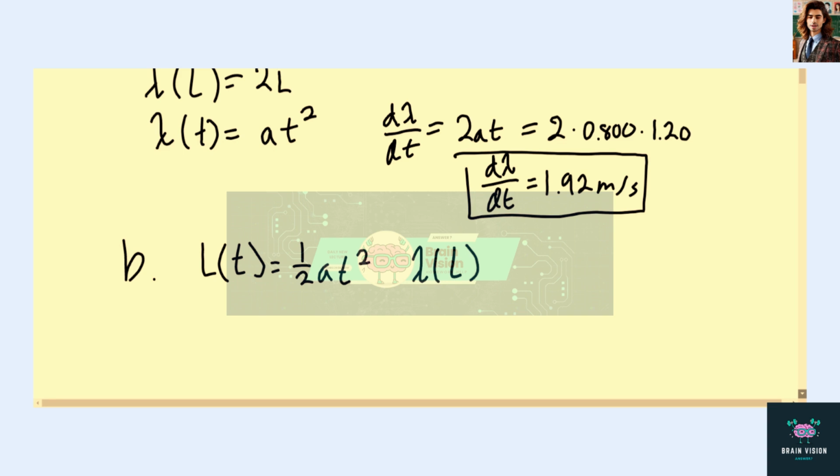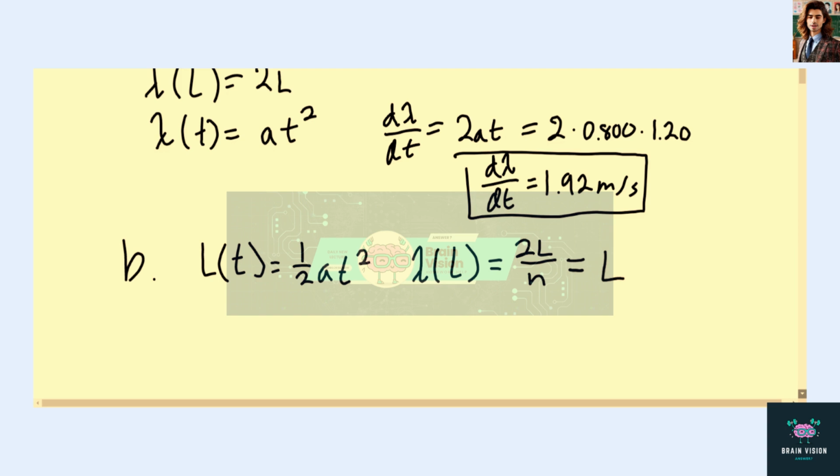So in the second mode of vibration, lambda is going to be equal to 2L divided by n, where n is now equal to 2. So since n is equal to 2, we can say that lambda is just equal to L. So this is a change from the first part.